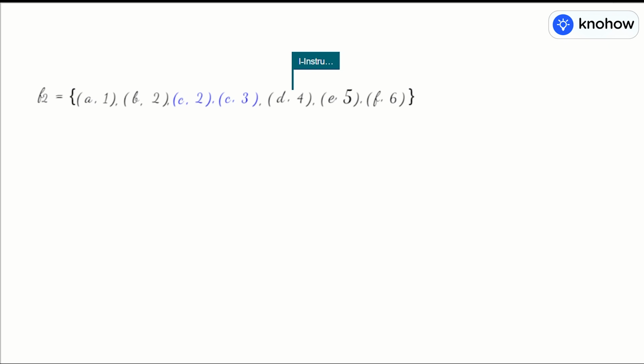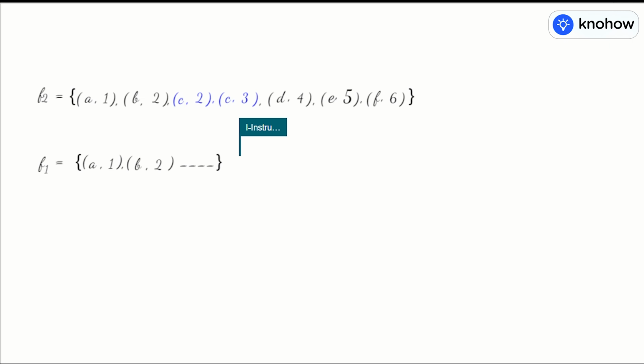Now when I have formally defined what exactly you mean by function, let me also further explain certain terms. For example, in F1, the elements are A1, B2 and so on. That is, to student A, room number 1 is allotted.